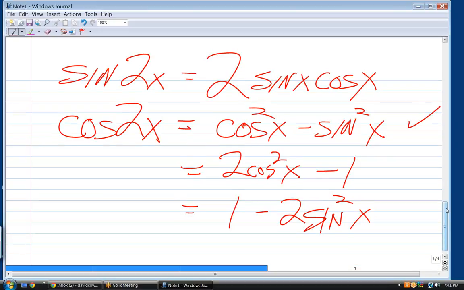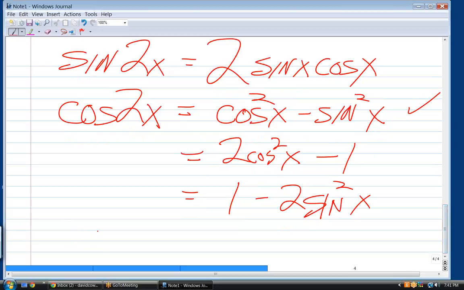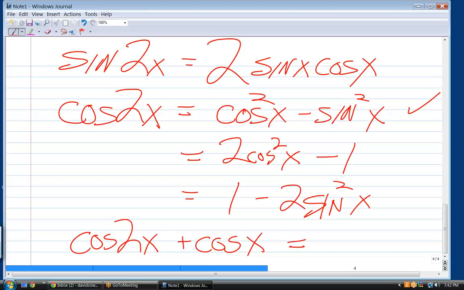If I have something like the following, cosine of 2x plus cosine of x equals 3, and I want to solve that equation, which of the three identities am I going to use? First, second, or third? You'd use this one because I will now have a quadratic in cosine of x.